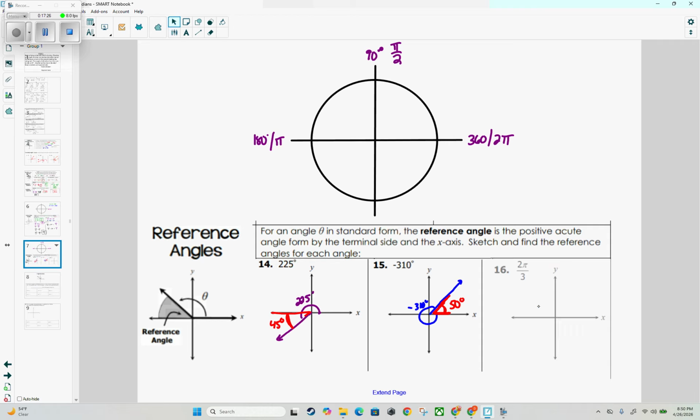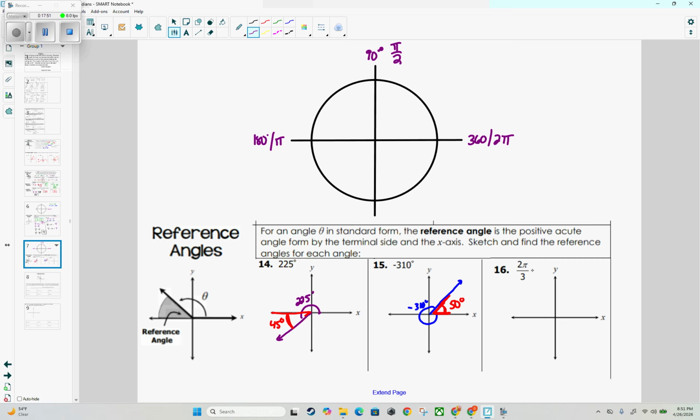And our final one, what happens if it's in radians? Well, I'll be honest with you, if it's in radians, I would probably convert this into degrees so I can see the degrees. And then once I get the degrees, I'll convert it back into radians. You'll see me doing conversions both ways. So the first thing is I'd ask, what is this as a radian? There is a way to do it if you're comfortable with radians. But right now you need to convert anyway, so let's just practice it.